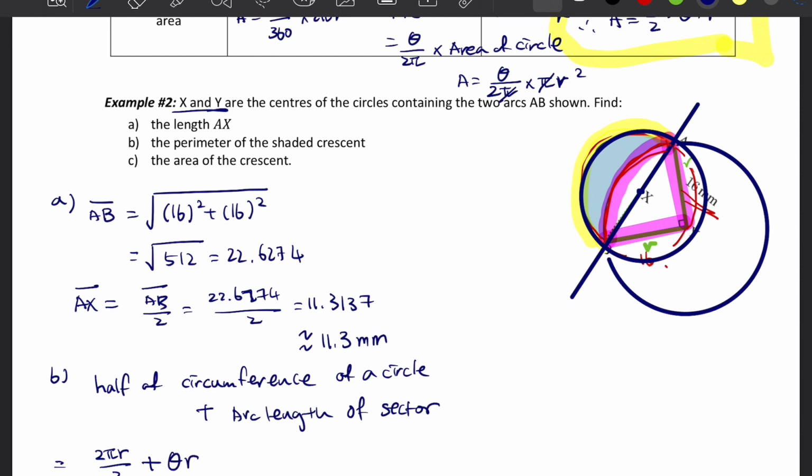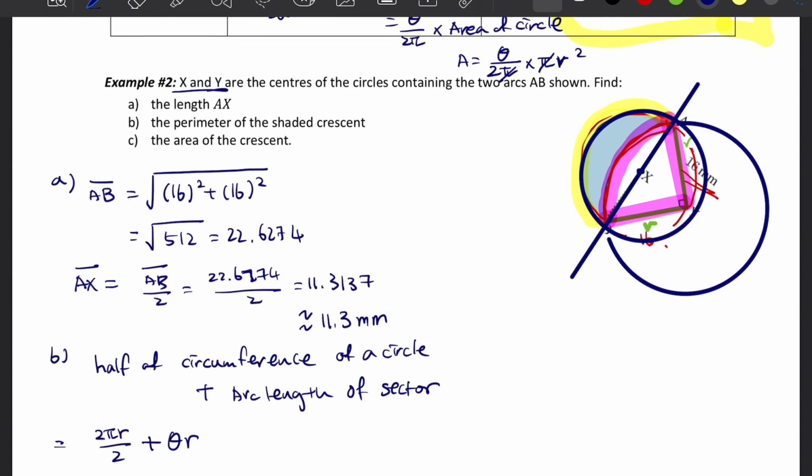So 2 pi r, where r is 16, divided by 2, and the angle of the sector is actually 90 degrees. Since we are using the formula in radians, we have to convert 90 degrees to radians. Using the conversion factor, we know that 90 degrees is the same as pi over 2.